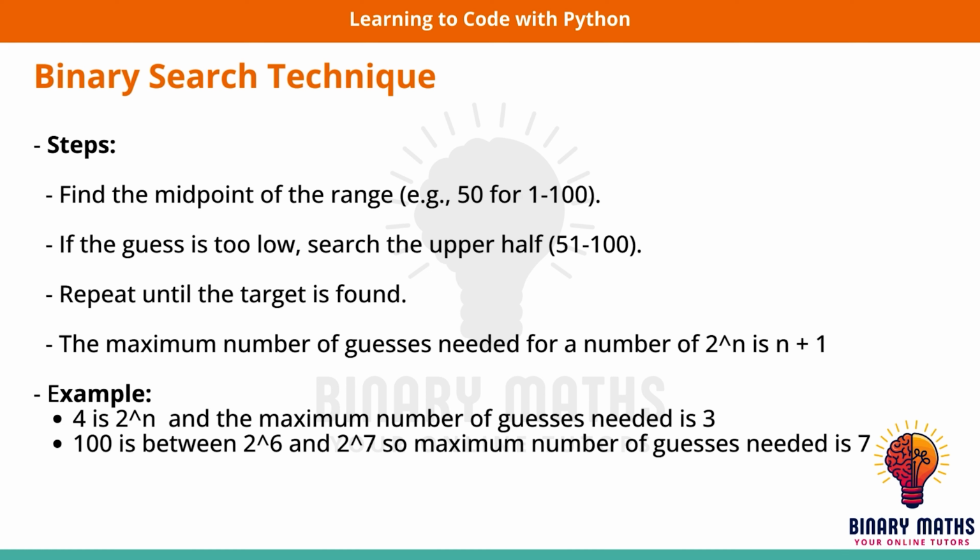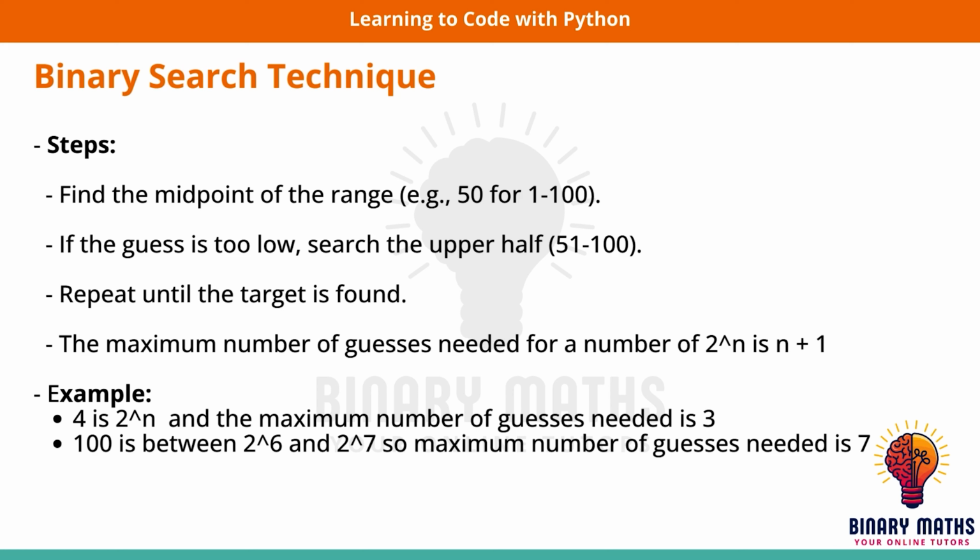So here's how the binary search works. Start with a sorted list. Then find the midpoint of the range. Example, 50 if the number range is between 1 and 100. If the guess is too low, search the upper half.